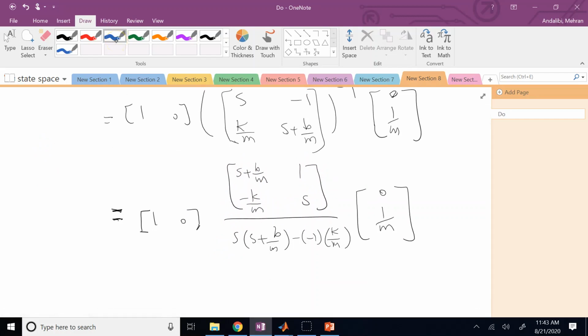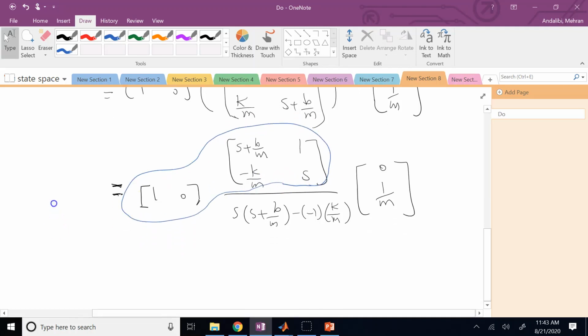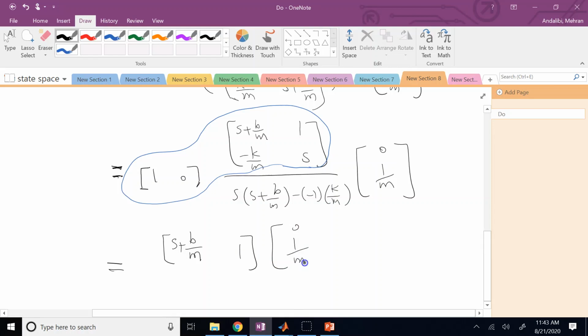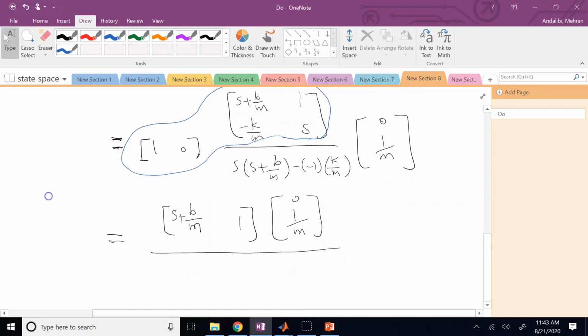So if I multiply these two together, the result is going to be just the top row. Then I multiply that by this one. And the whole thing is divided by the determinant, which is S squared plus B over M S plus K over M.